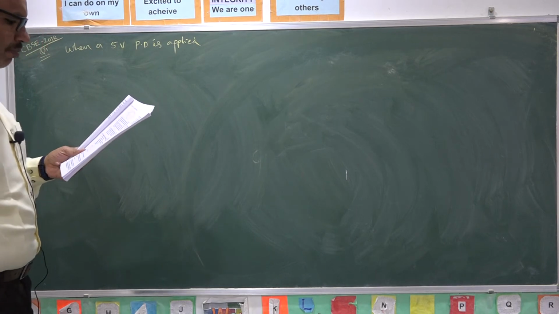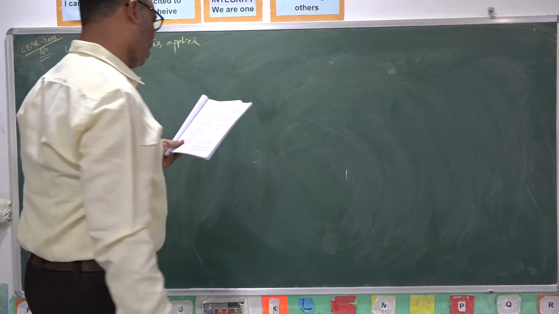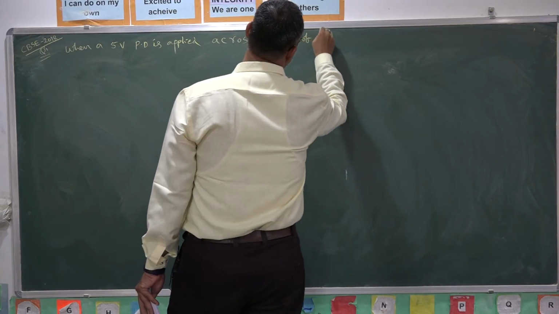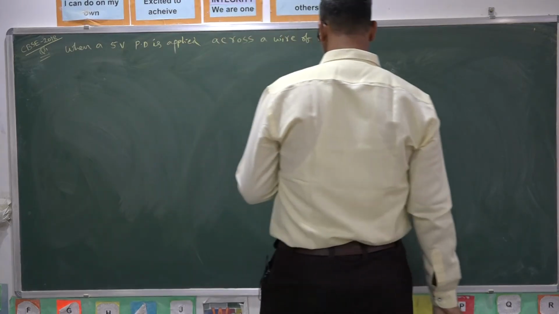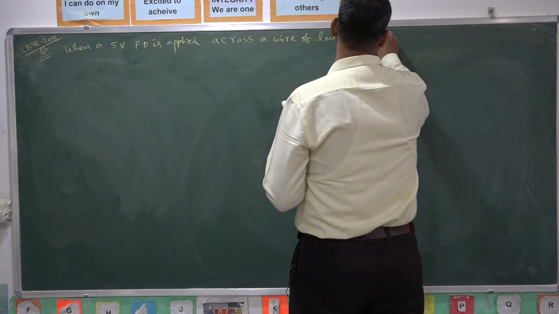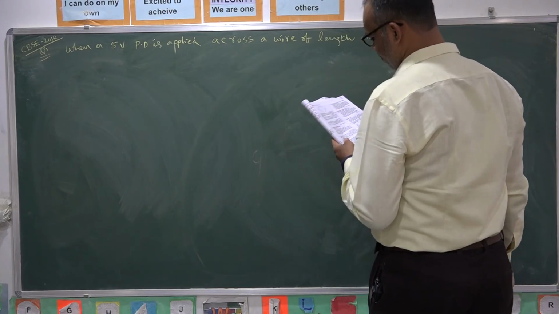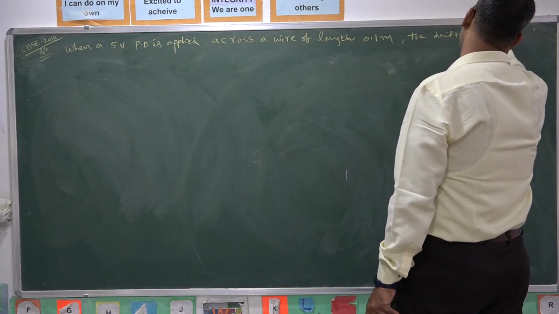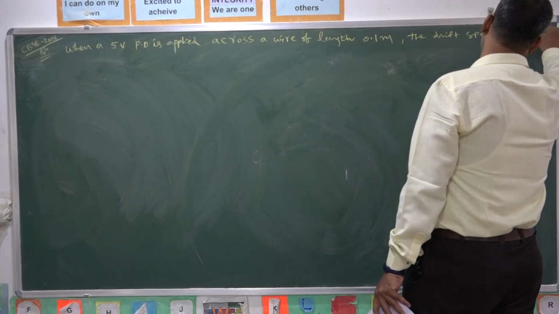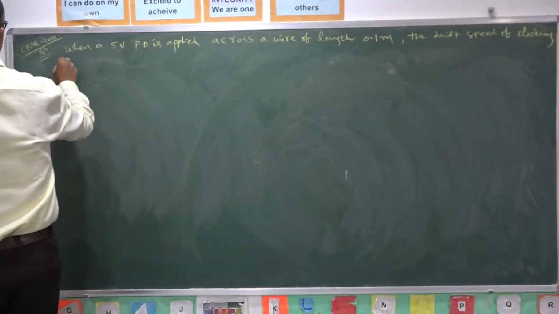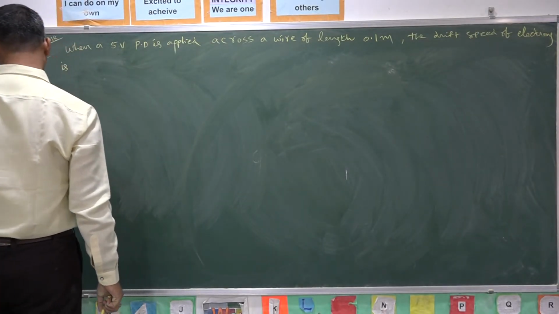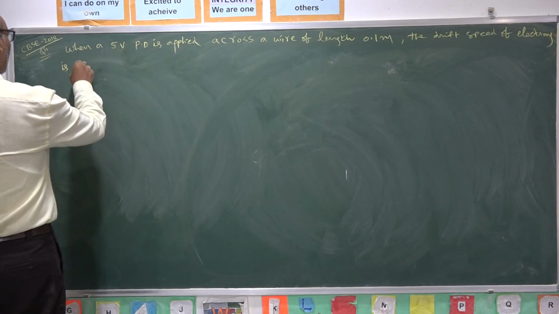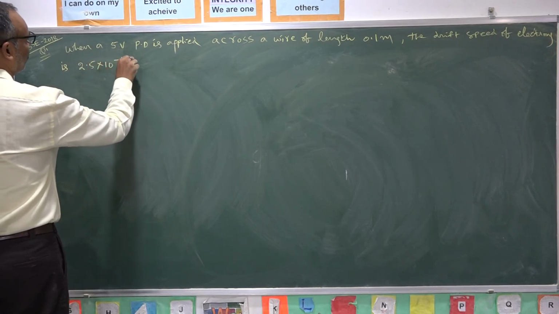When a 5 volts potential difference is applied across a wire of length 0.1 meters, the drift speed of electrons is 2.5 into 10 power minus 4 meters per second.